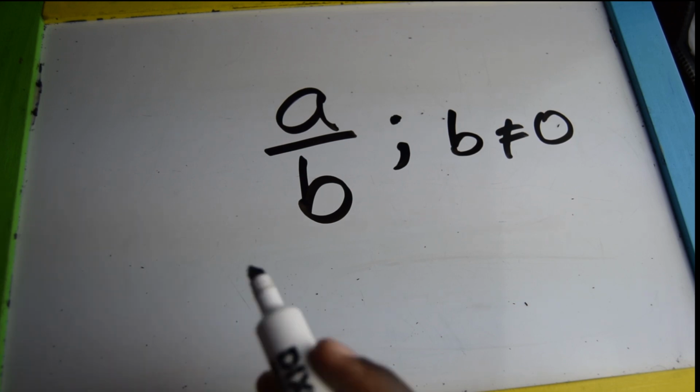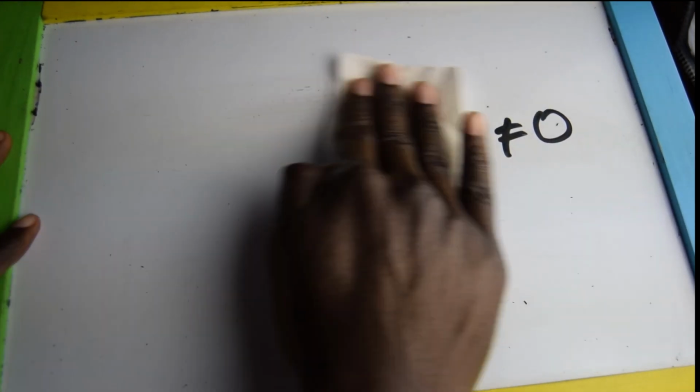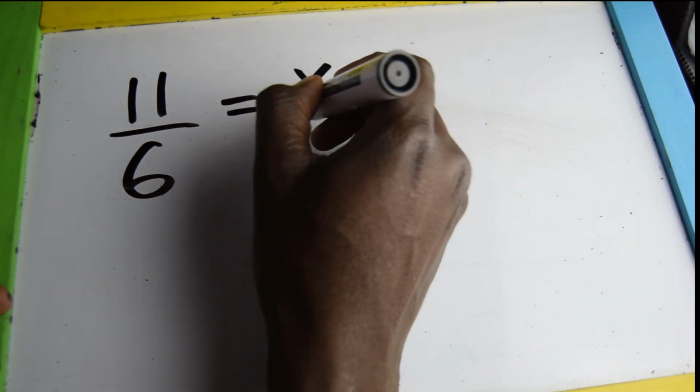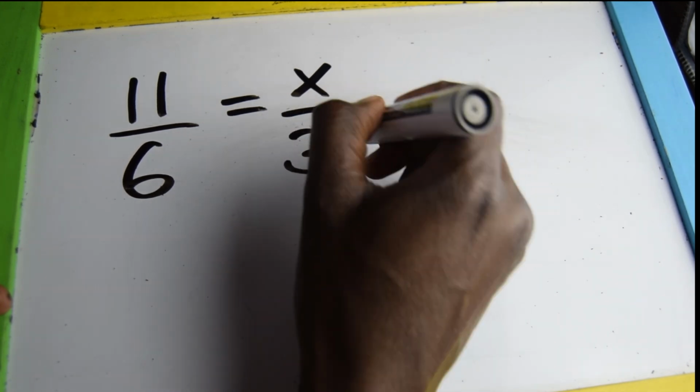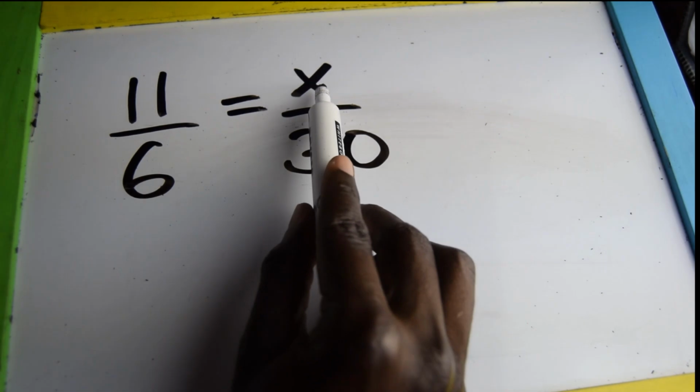Now, let's try and solve a few proportions. The first one: you're told 11 over 6 is equal to x over 30. Solve for x. See the x right there?